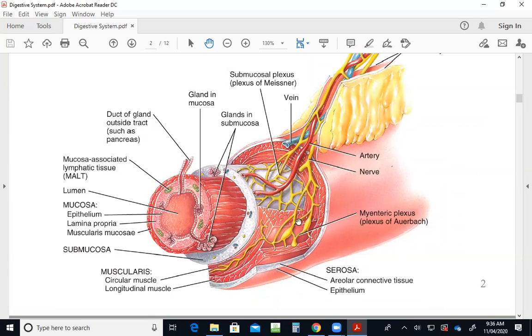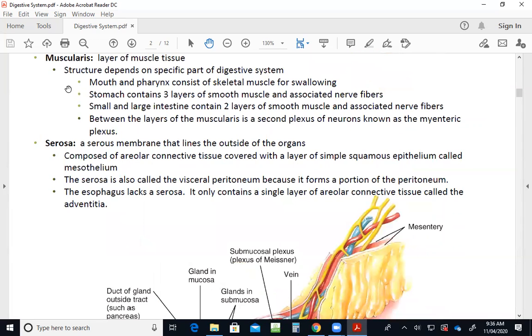There's another plexus, but this plexus is associated with the muscularis, a layer of muscle in the tract, hence the name muscularis. What type of muscle and how much is dependent upon where you're at in the tract. Okay. In our mouth and our pharynx, we have skeletal muscle, important for the very beginning acts of swallowing.